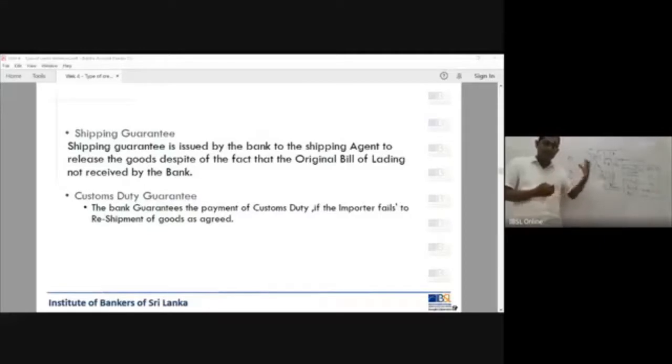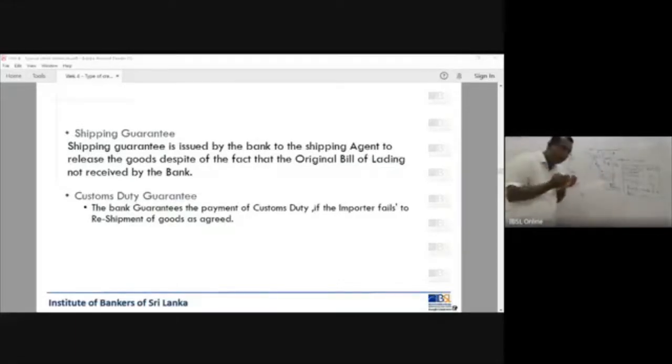If he pays, I collect the money, hand over the documents and send it back. If he does not pay, I will not release the documents. Documents will be here. Goods will be here. So, since I don't receive the money, I send the documents back. Customer can take the goods back. Right?